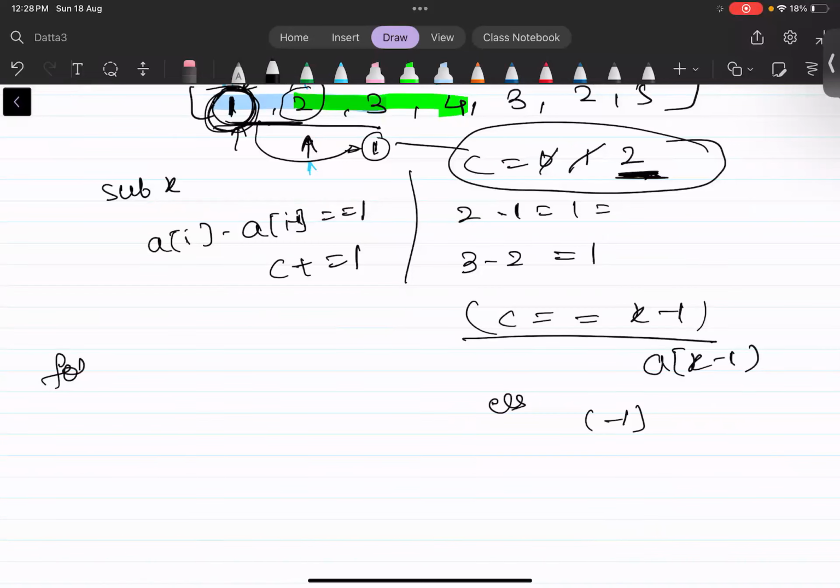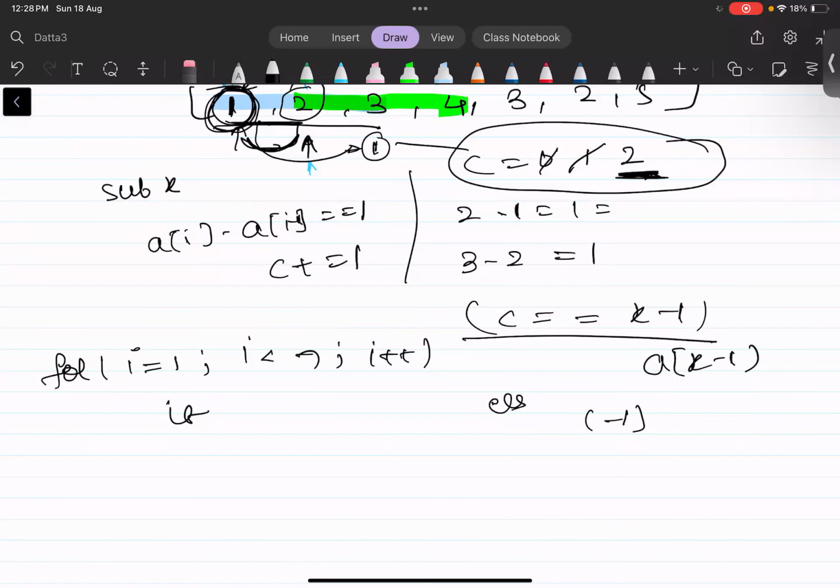So I am going to start at i equals 1, i less than n, i plus plus. If the difference between these two elements is 1, it means these two elements contributed a value to my answer.